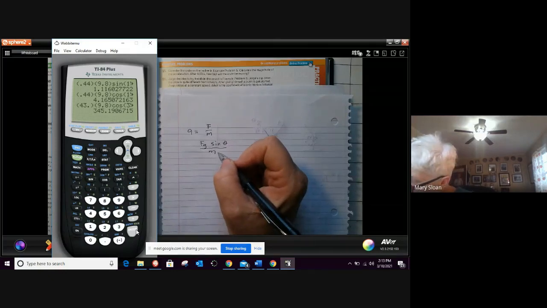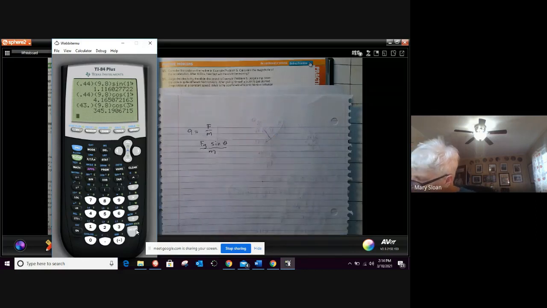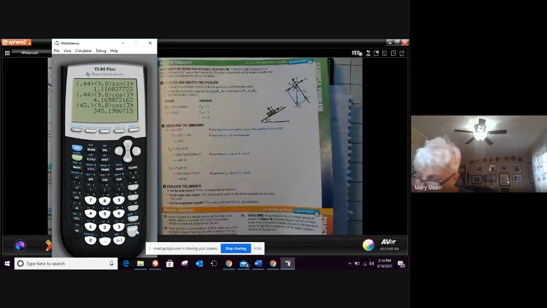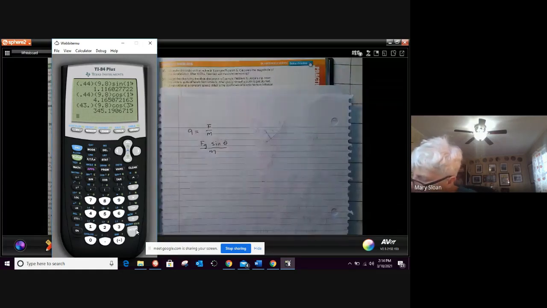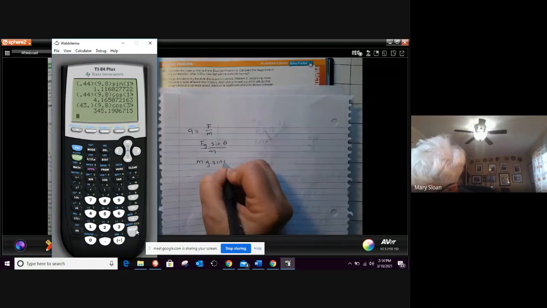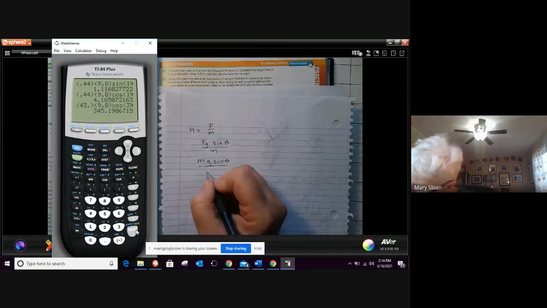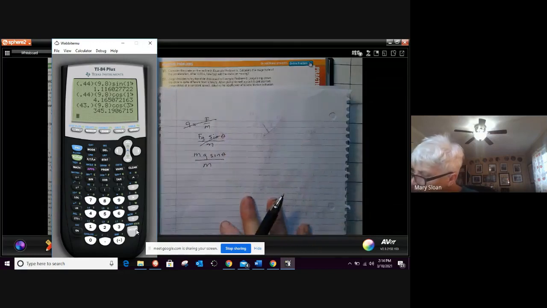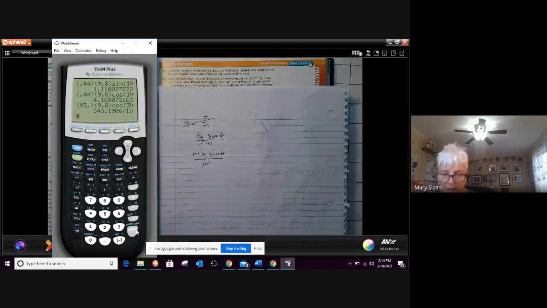But in this scenario, if we look at the problem, they are using the mass instead of the force. So we're going to use this here, mg sine theta over m. But we're going to be using that equation there.